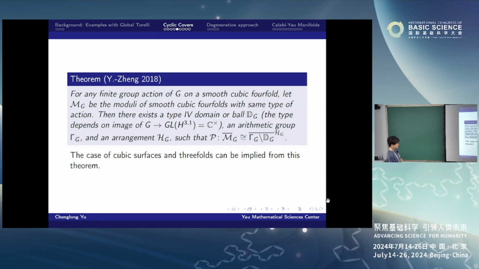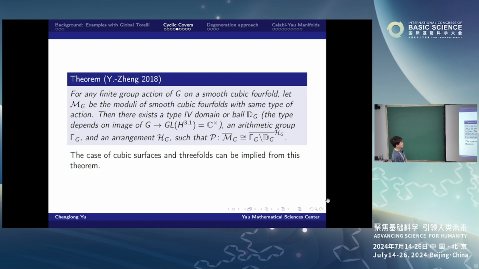And the corresponding cohomology will have a decomposition according to the character or according to the representation of finite groups. And we can have also a type IV domain or a complex hyperbolic ball as its period domain. This type depends on the G action on the H^{3,1} part of the cubic fourfold.